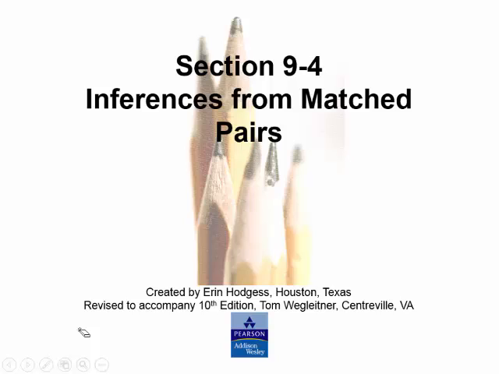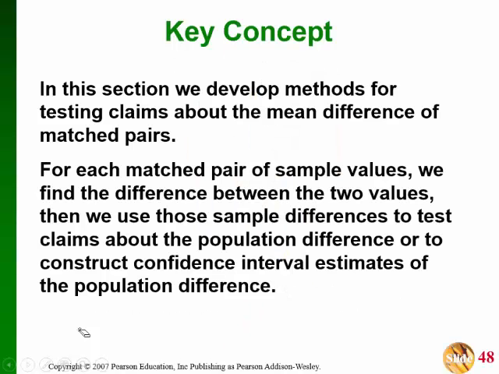So those are going to be the pairs. Each runner will have a before the drink and after the drink time. And so that would be an example of matched pairs.